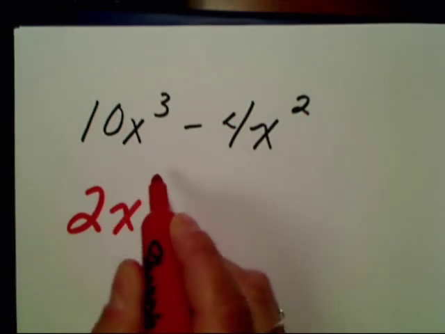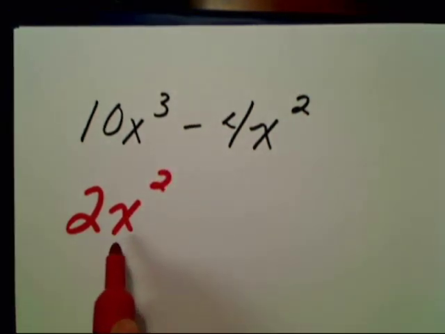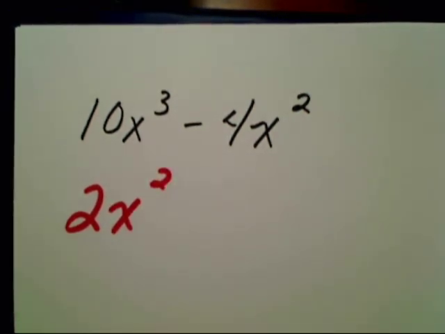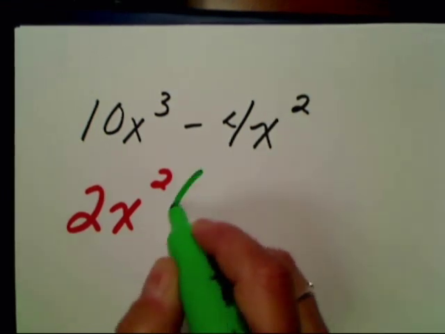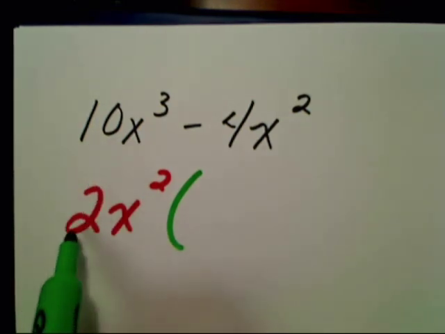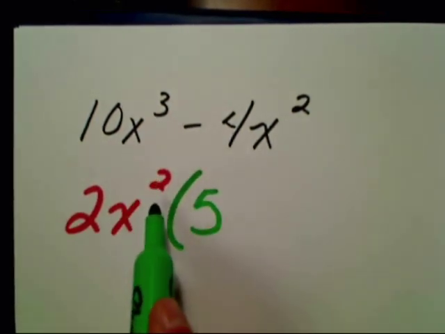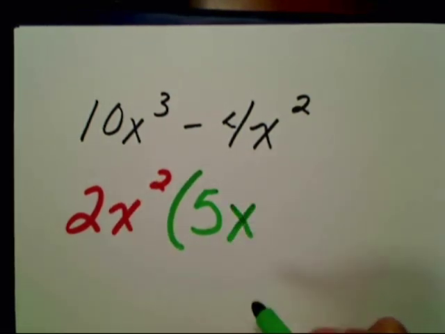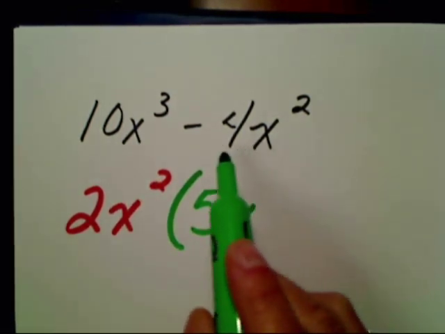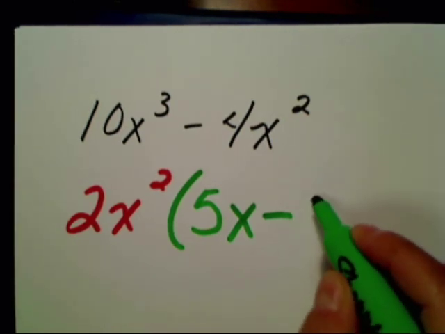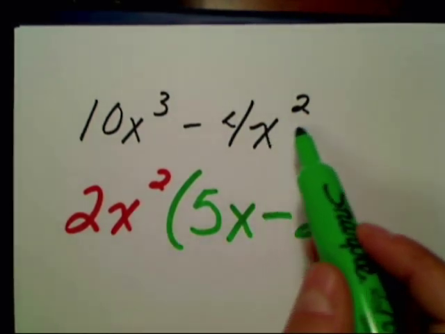So it's x squared. Don't forget the base number that goes with that exponent. If I pull out the 2x squared, 10 divided by 2 is 5. X cubed, I take out 2 of the 3, I'm left with 1. Minus 2. The x squares are gone.